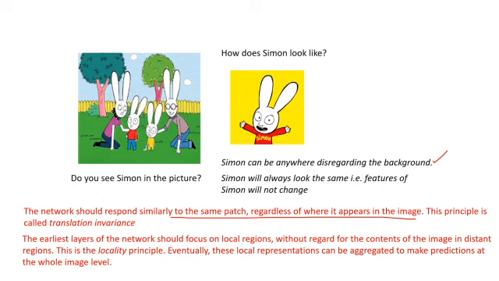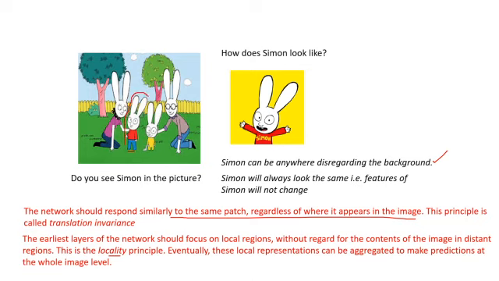And another is the locality principle. In a normal case, it is not possible that the legs of Simon are here and then the head of Simon is hanging like a fruit from this tree, and so on. Simon will be present at one particular patch of this image.